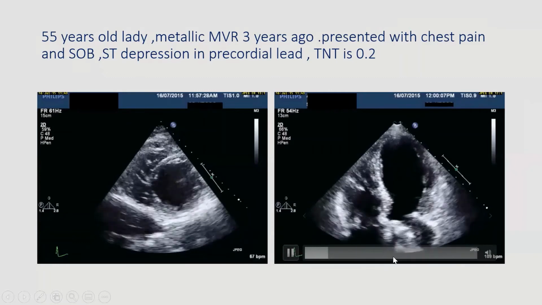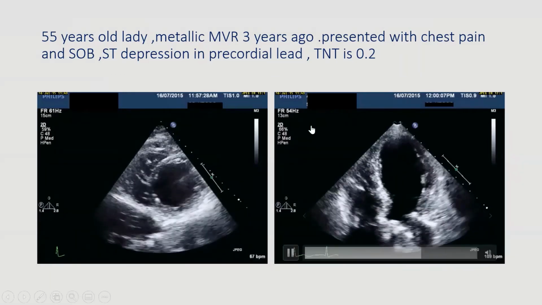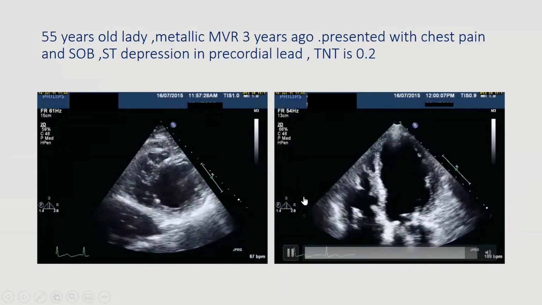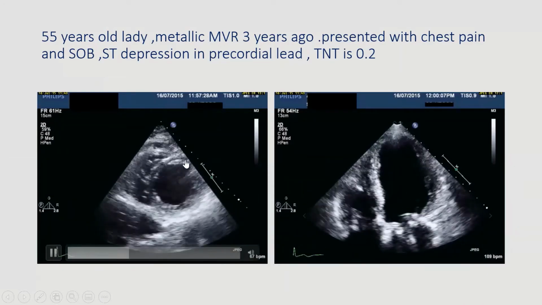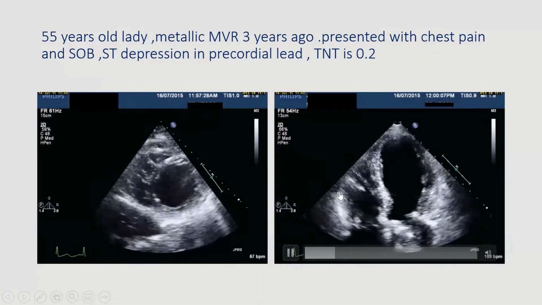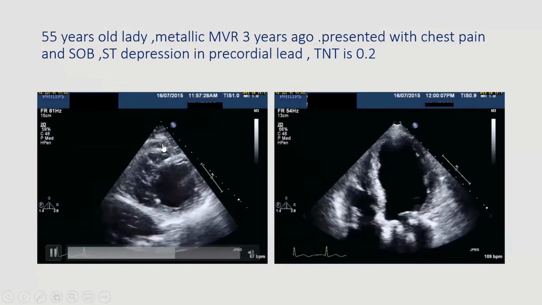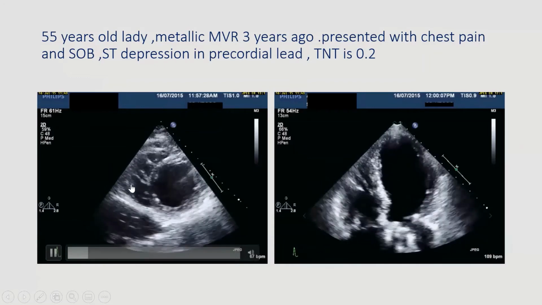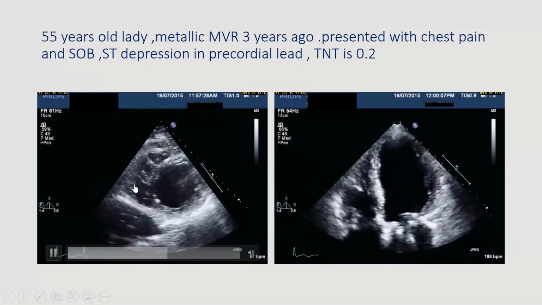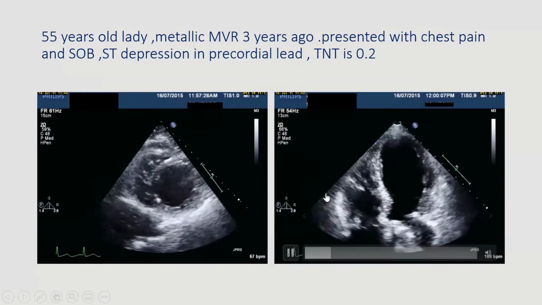What do you think? It is more active at the base than at the apex. You see, the apex of the RV is severely hypokinetic. Compare this part of the RV to the basal part of the RV.